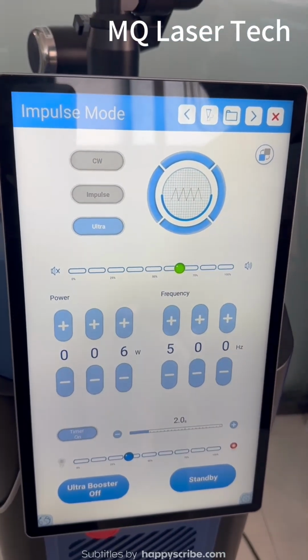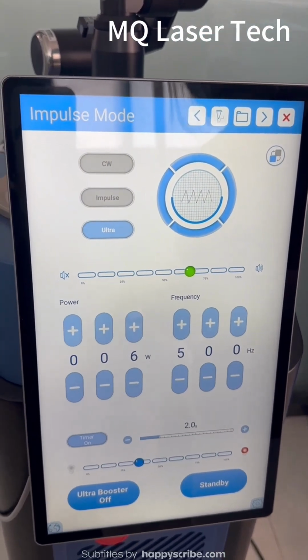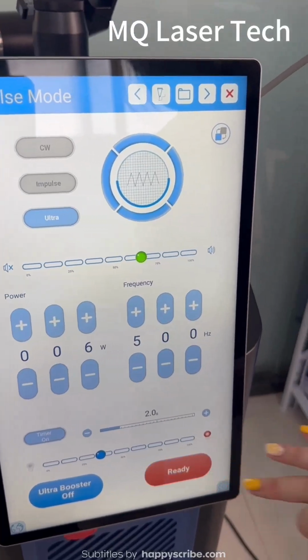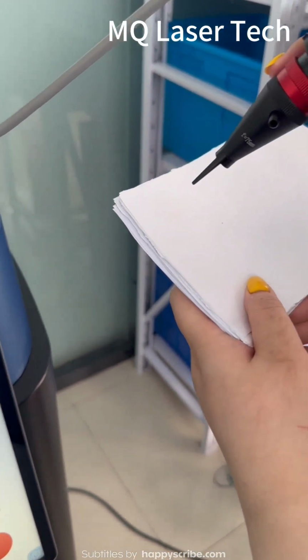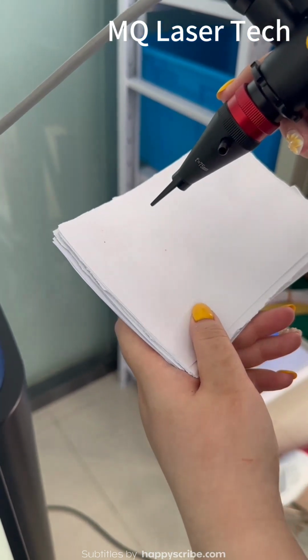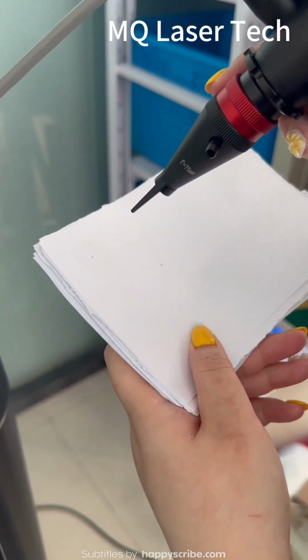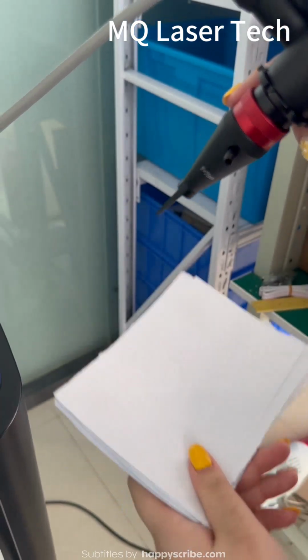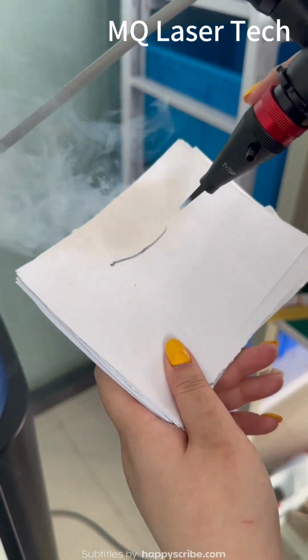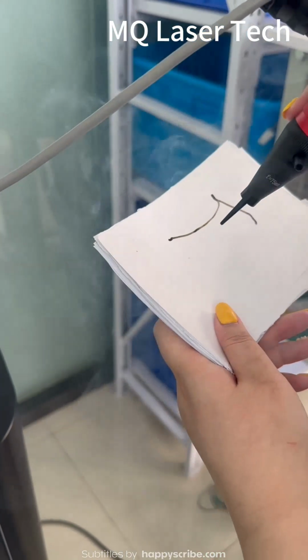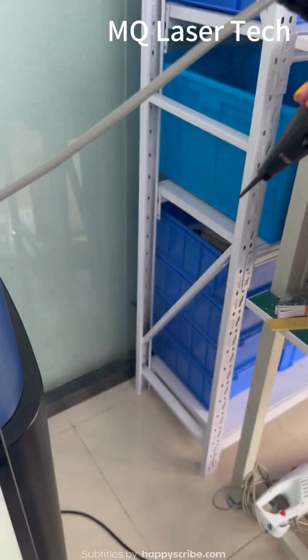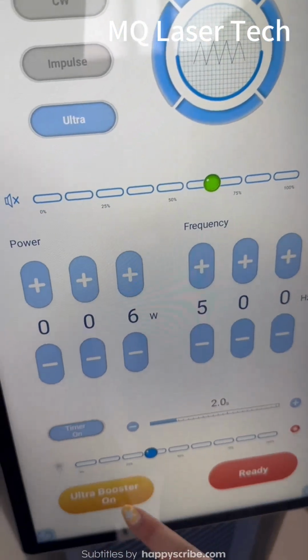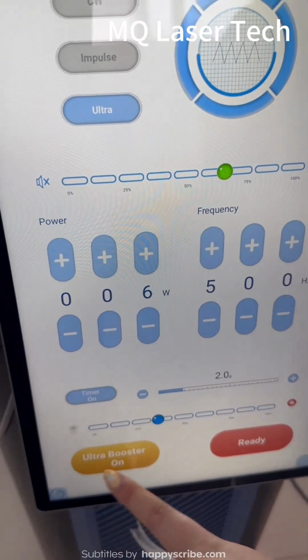The third mode is the ultra mode. You can see the power is really high. Here you can see you can turn on the ultra booster.